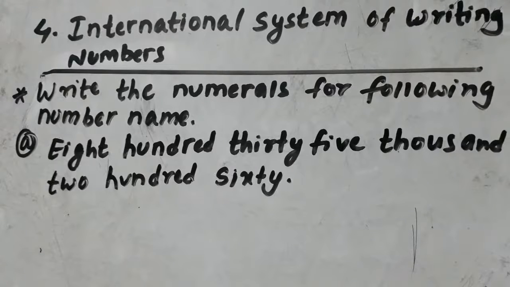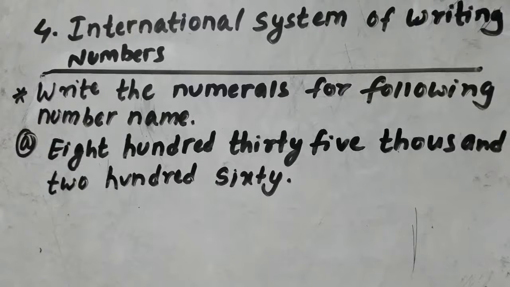The period starts from ones. After ones, thousand. After thousand, the period of million occurs. After million, billion occurs. So we should always consider ones, thousand, million, billion. These are the periods. First we should consider them.